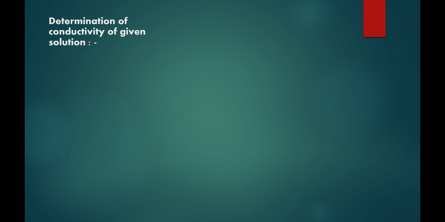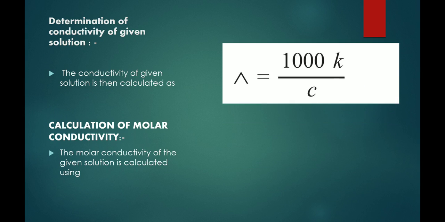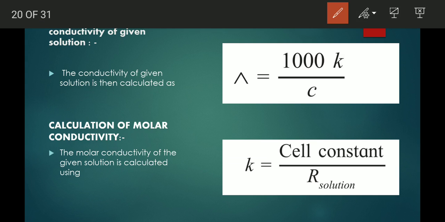Determination of conductivity of the given solution. The conductivity of the given solution is then calculated, and the molar conductivity is capital lambda equal to 1000 K by C. For the calculation of the conductivity, look here, this is the formula, and for the calculation of the molar conductivity we use this formula, because K is conductivity and capital lambda is molar conductivity.